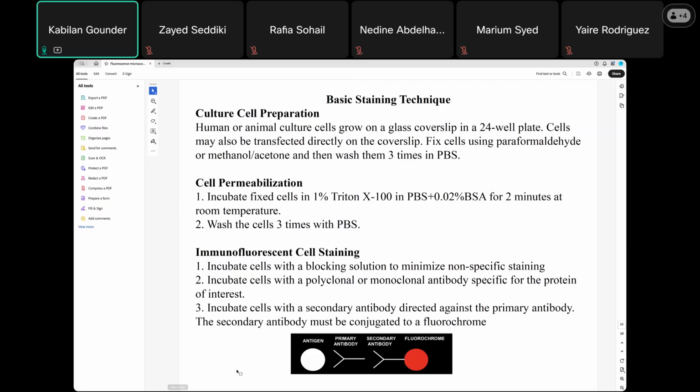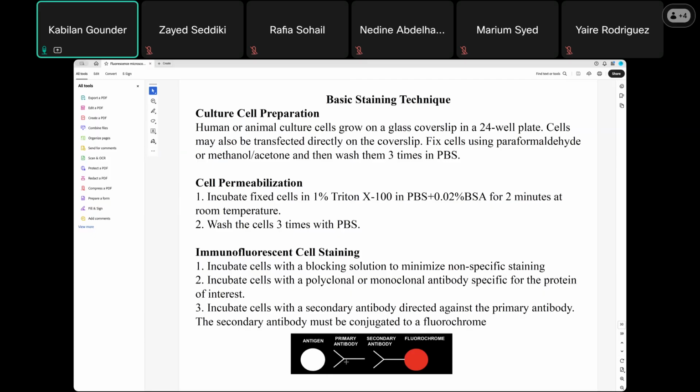So when you look at here, this is the target of your interest. You wanted to identify this. So what we can do is first incubate the cells with the primary antibody. Here, we didn't conjugate the primary antibody. So the interaction between the antigen and the primary antibody has to be detected. Only then you know whether the antigen is expressed or not, or whether it is decreased or increased.